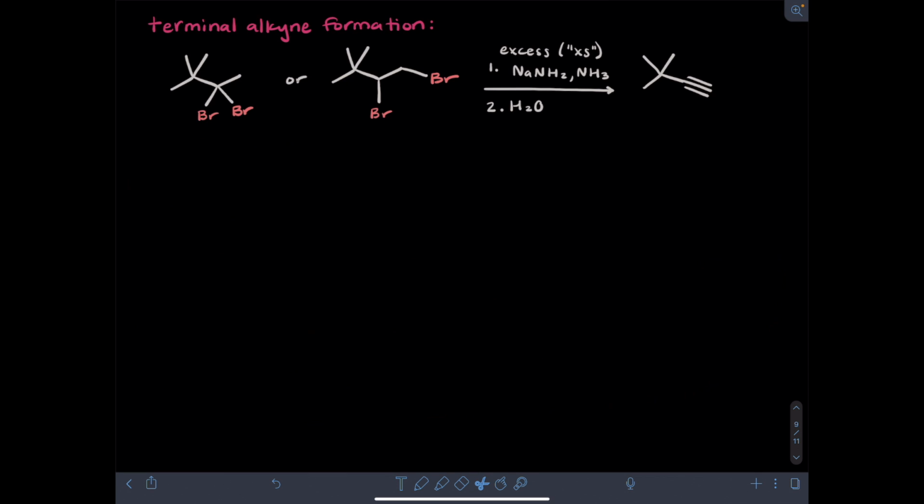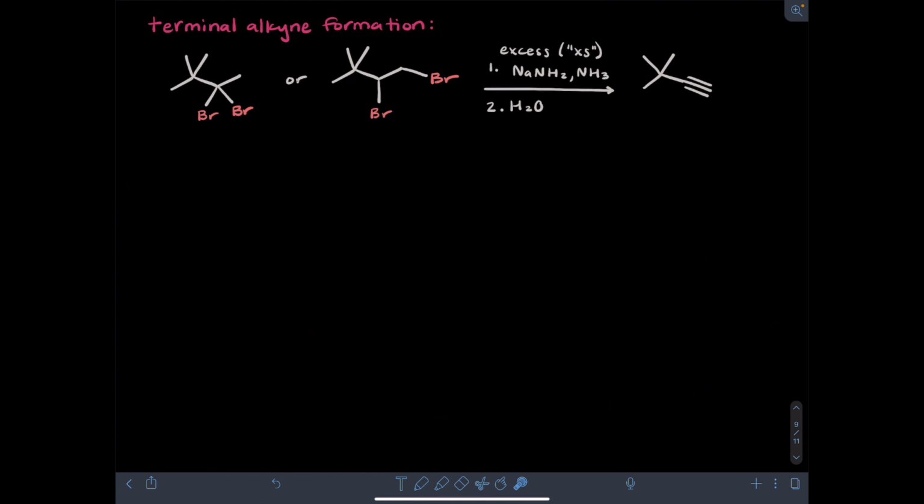Now I want to consider formation of terminal alkynes instead, where the product has an sp hybridized carbon attached to a hydrogen. This is very similar in that you could start out with either a geminal or vicinal dihalide starting material, but the reagents will involve one additional step.